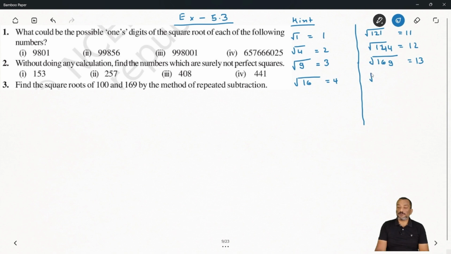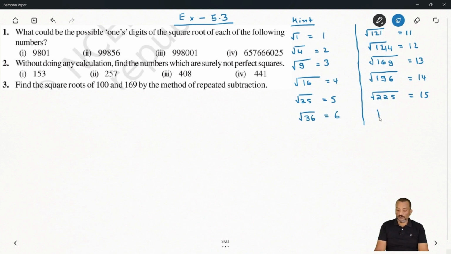Same way, square root of 196 you will get how much? This is 14. Square root of 25 you will get 5. Now square root of 225 you will get 15. And square root of 36 you will get 6.